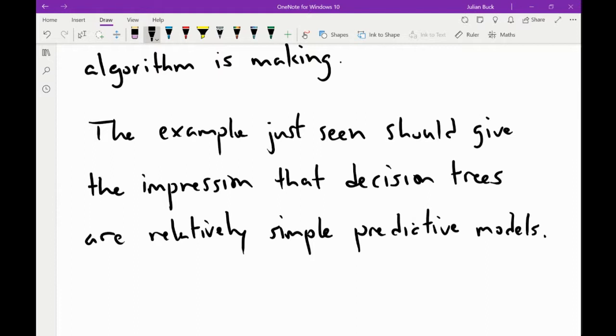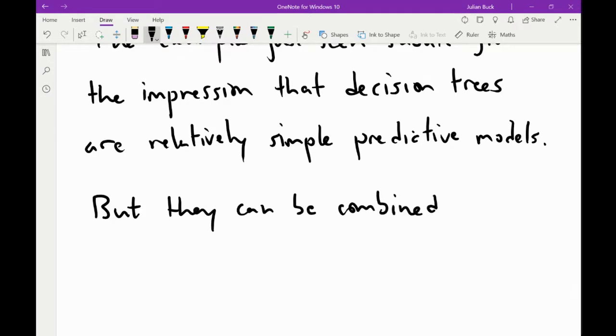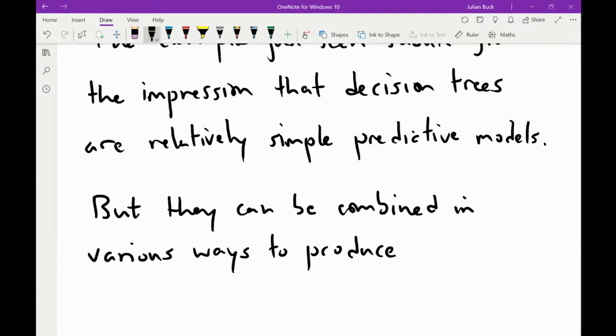And so as a consequence, an individual decision tree like that is a fairly simple, not particularly powerful modeling approach. Okay, but this is what's really nice about them. They can be combined. So if we have individual decision trees like this combined in various ways, to produce powerful, what we call ensemble algorithms.